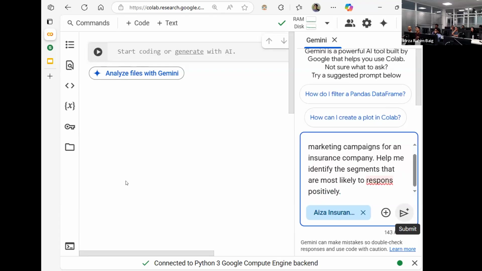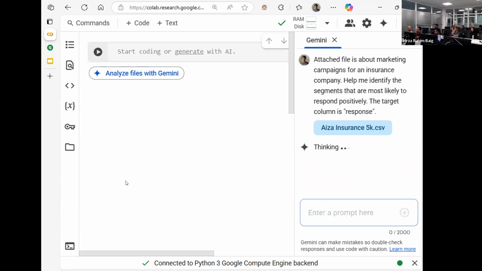And I'll say, okay, the target column is response. I can just help it with a little bit of information, right? And that's it. Identify segments that are most likely to respond positively.